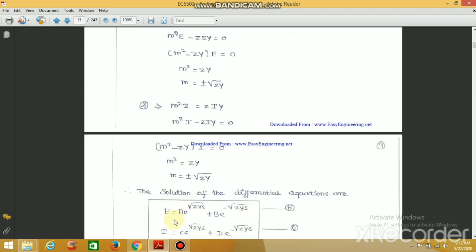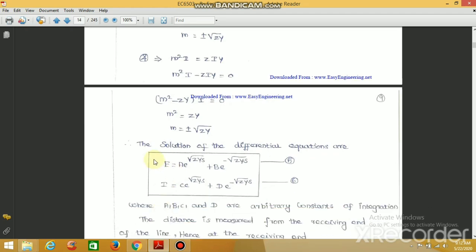By using m equal to plus or minus root zy, we can find the solution of the differential equation as E is equal to A e^(root zy s) plus B e^(minus root zy s), and I is equal to C e^(root zy s) plus D e^(minus root zy s).